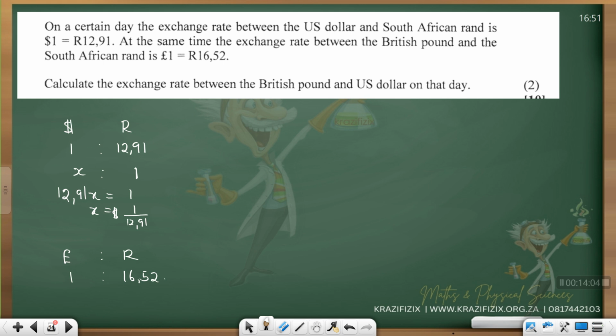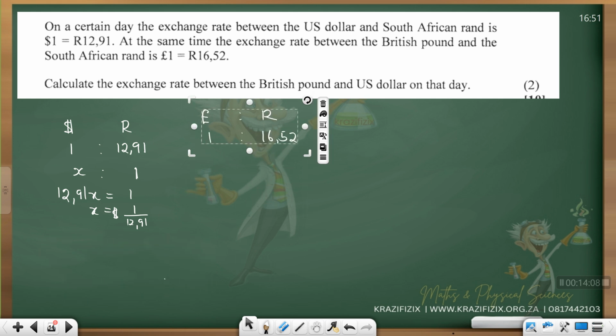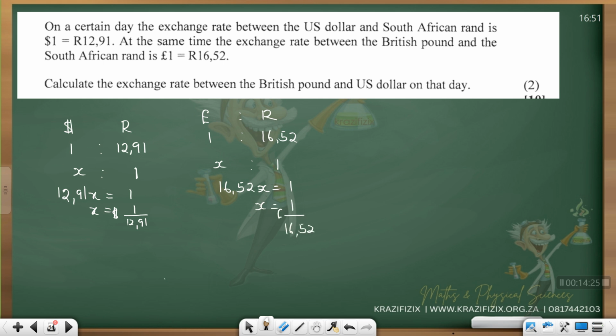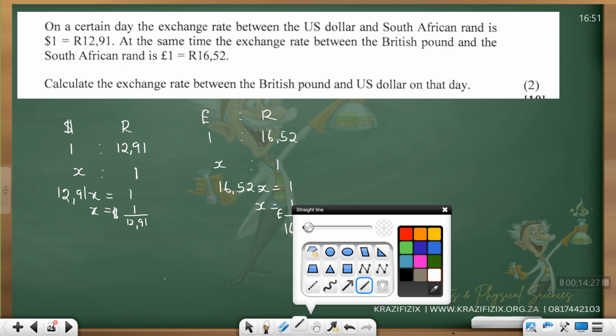What about if I do the same? I just want to show you something quickly. What if I find 1 rand here? How much is that in pounds? Cross multiply again. 16.52X equals 1. What is X? 1/16.52 pounds. Now, both these values are equal to 1 rand.